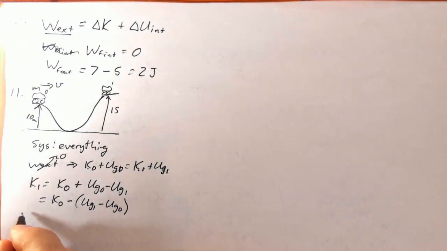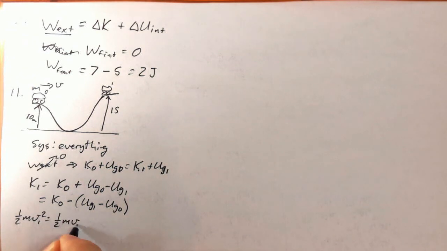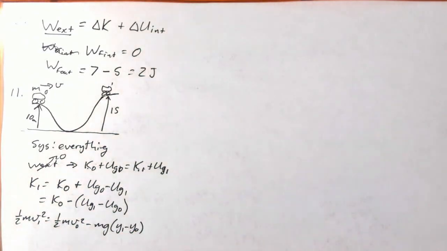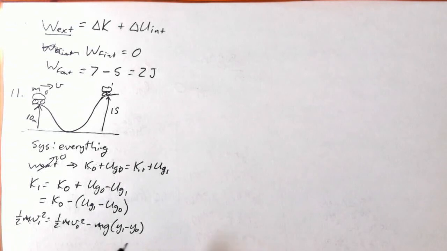Okay, so now I can just solve for the velocity. And then dividing by m everywhere, you see, I don't need to know the mass. Multiply by 2 and taking a square root, which I'll let you do.